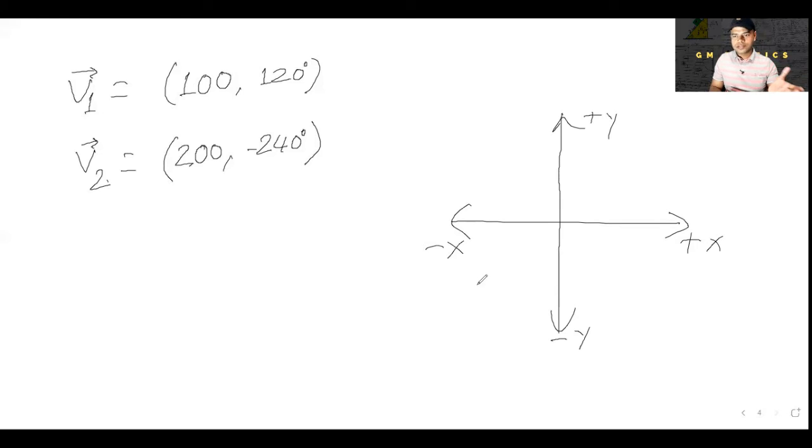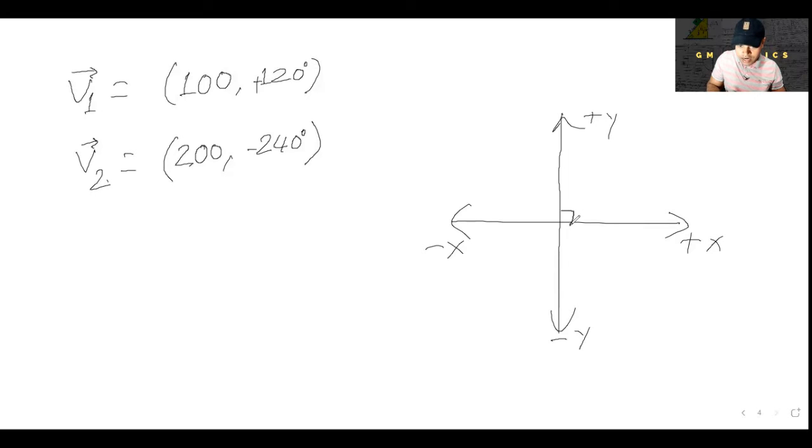Whatever be the vector, doesn't matter. We have to understand 100 as the magnitude of the vector and 120 degree as the angle with respect to positive x-axis. And here it is plus 120. So we have to go in anti-clockwise sense by 120 degree. So I am going to 120 degree first, then I'll draw 100 units.